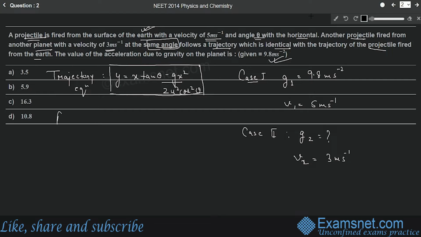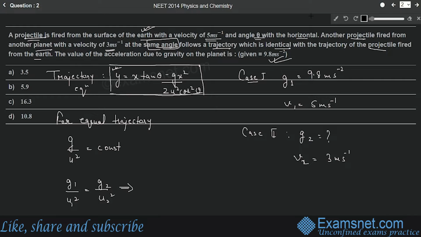So for an equal trajectory, the value of y should be the same. That means for y to be the same, g upon u square should be constant. So it means that g1 upon u1 square should be equal to g2 upon u2 square.